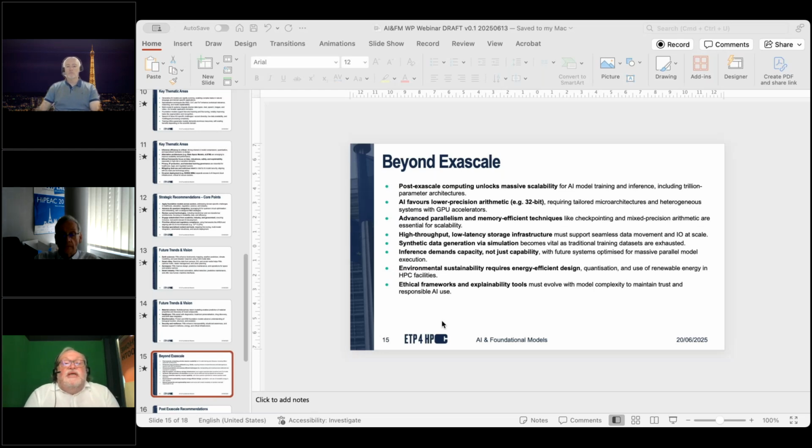So the aim is to make our AI training and deployment sustainable, sovereign, efficient, and secure.